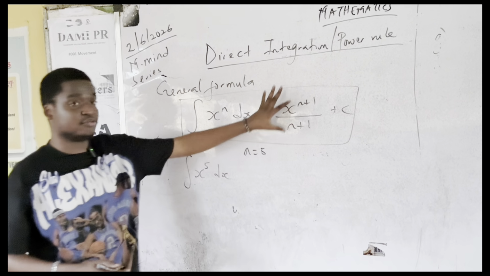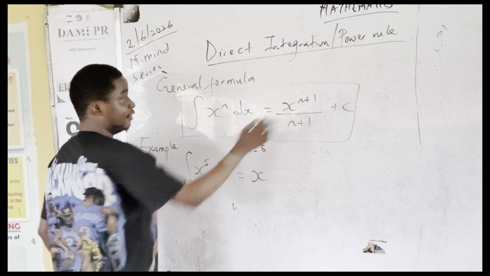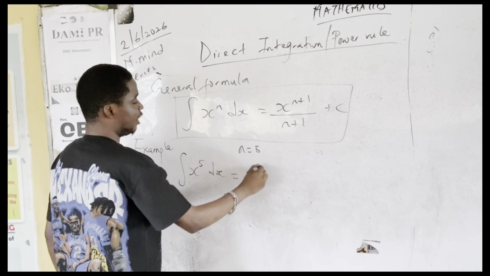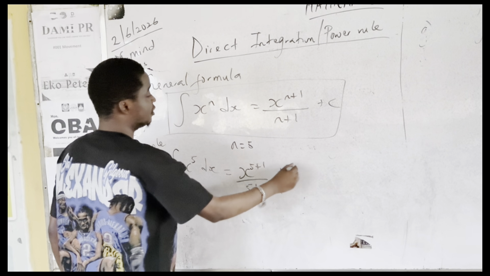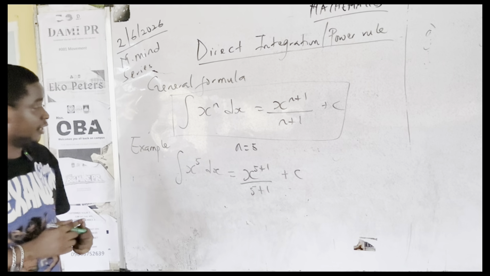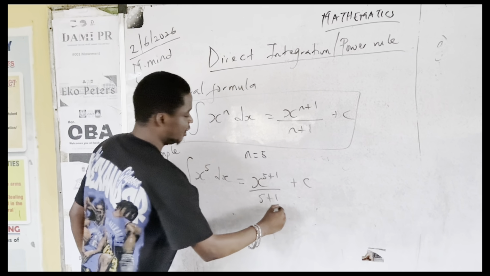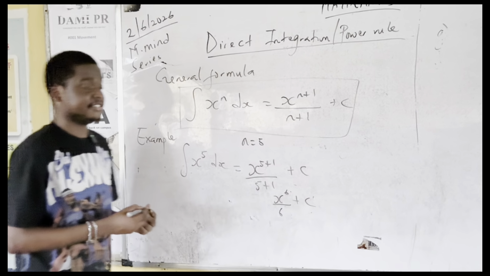So following this rule, it's going to be x raised to 5 plus 1 over 5 plus 1, plus c. What is 5 plus 1? 5 plus 1 is 6. So it's going to be x raised to the power 6 over 6, plus c. That's the integration of this.